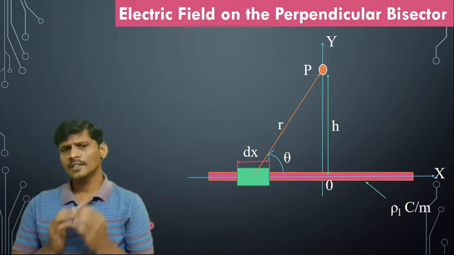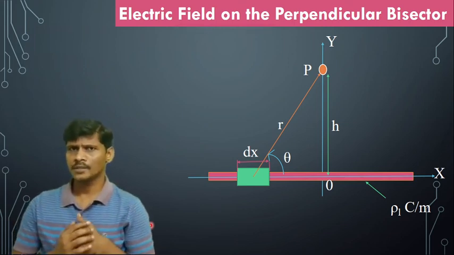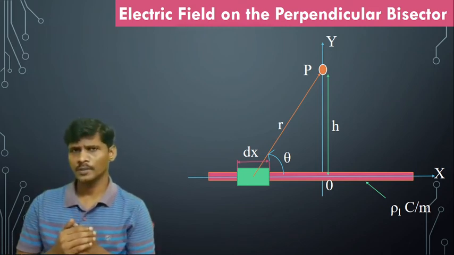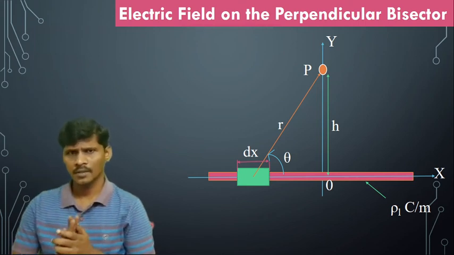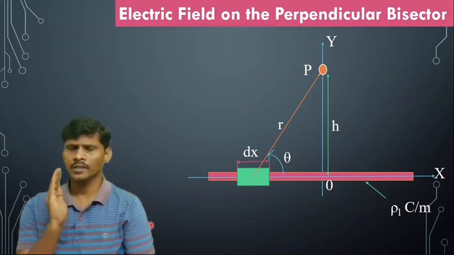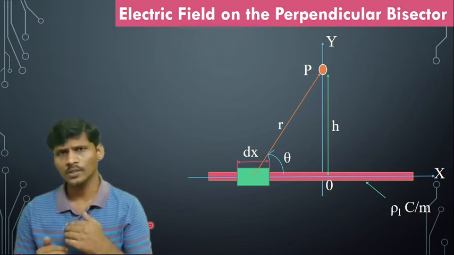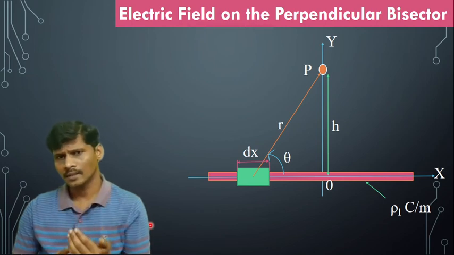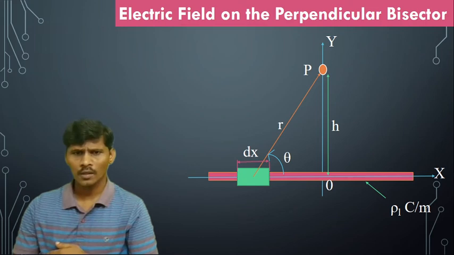Similarly, consider the electric field intensity on the perpendicular bisector. On the perpendicular bisector means the point P is located on the y-axis. That is the meaning of the perpendicular bisector. This perpendicular bisector case was already calculated for electric field intensity in previous classes. Now from the above expression, using the perpendicular bisector, alpha 1 and alpha 2 are equal to alpha.